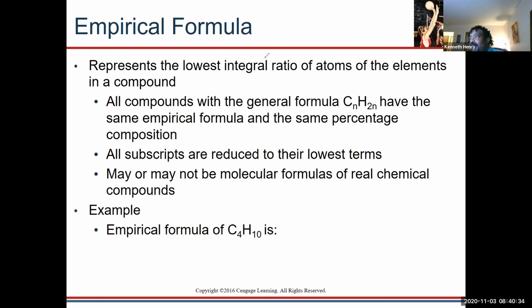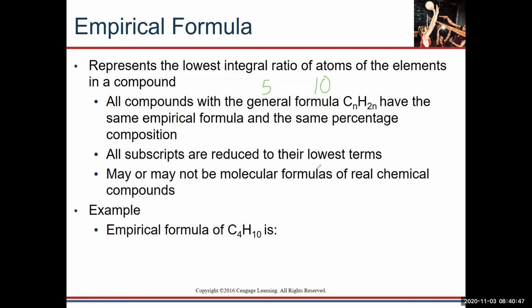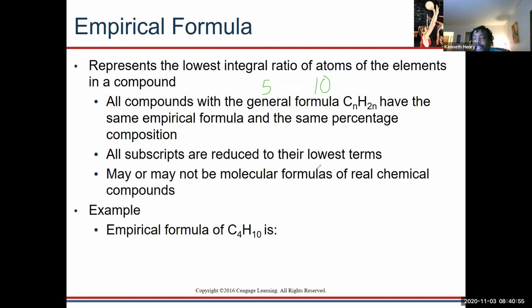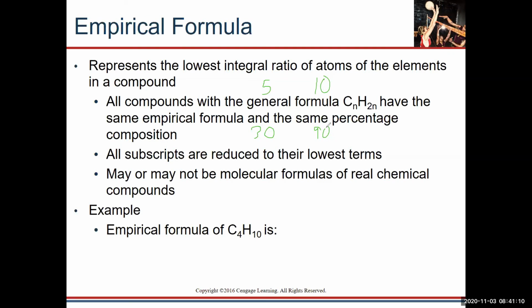So if I have 5 and 10, what would be a common denominator between those? 5. Okay, so 5 would be a common denominator. Okay, so if I have a number like 30 and 90, it would be 30.